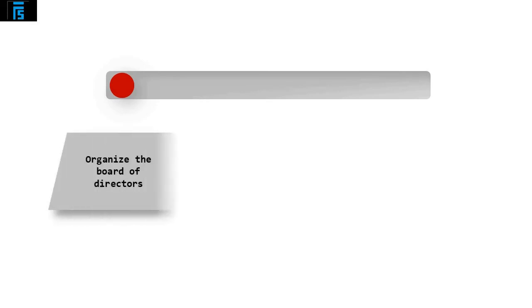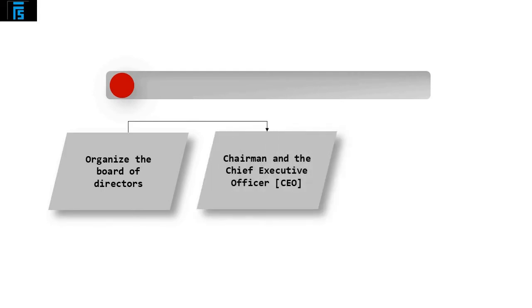In practical terms, in order for these principles to be implemented, the company must organise the Board of Directors so that responsibilities are shared and decisions are made fairly. Heading up the Board of Directors should be the Chairman and the Chief Executive Officer, or CEO.